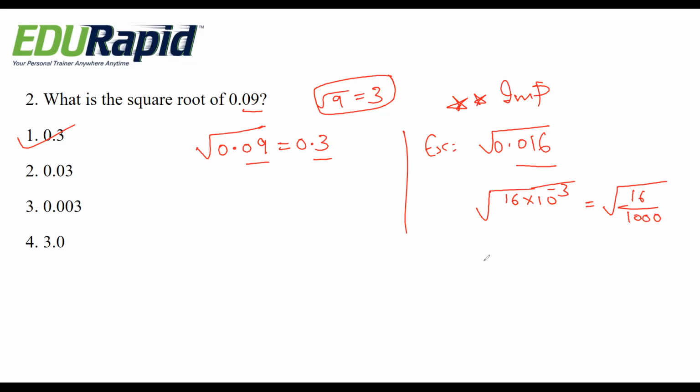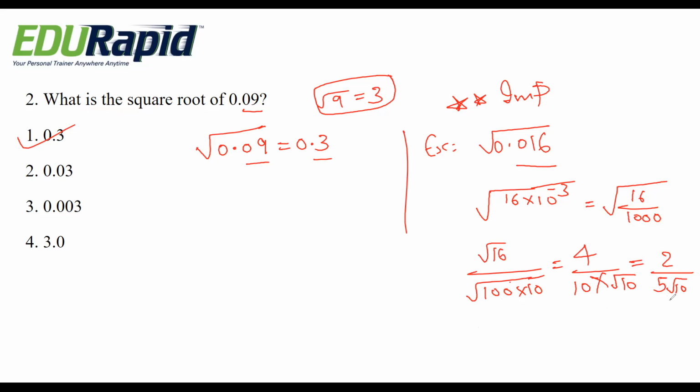So you have to split like this, root of 16 by root of 100 into 10. Root 16 is 4, and root 100 is 10, so it is 10 into root 10. It becomes 2 by 5 root 10.